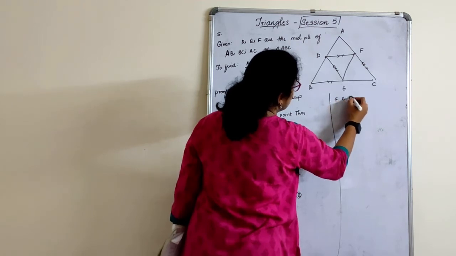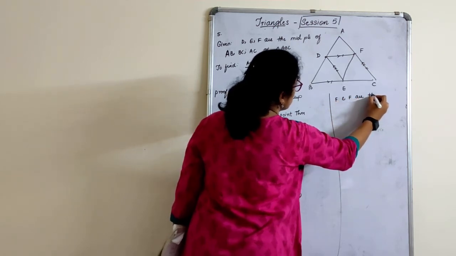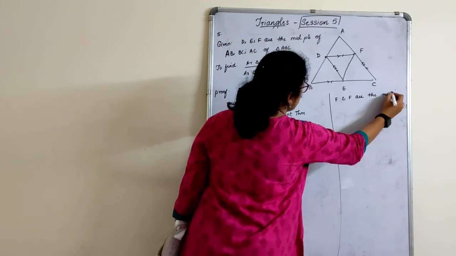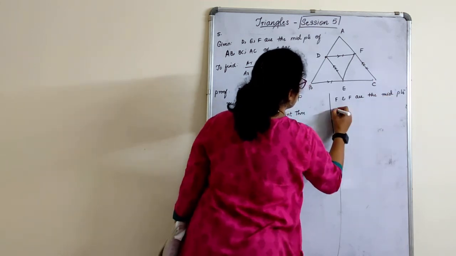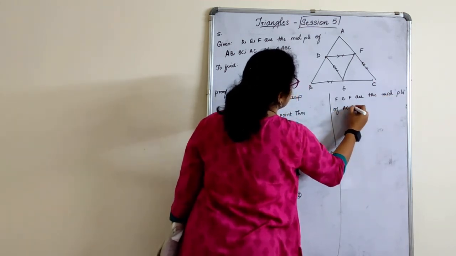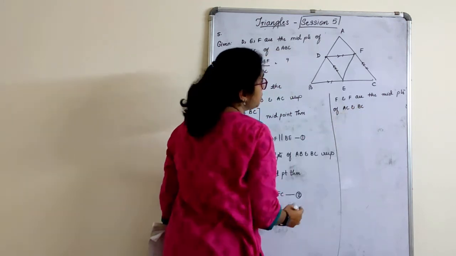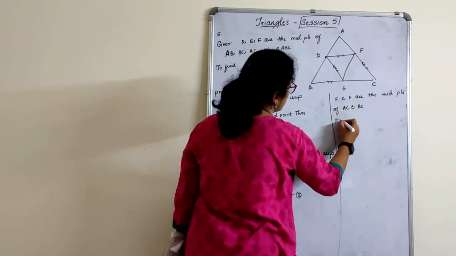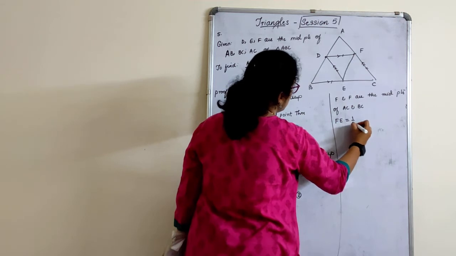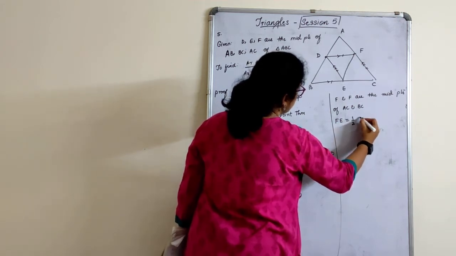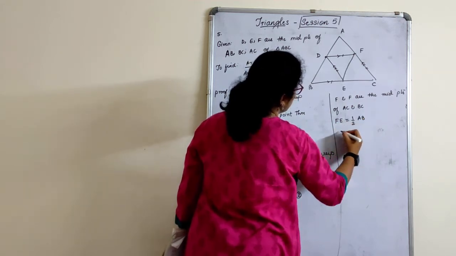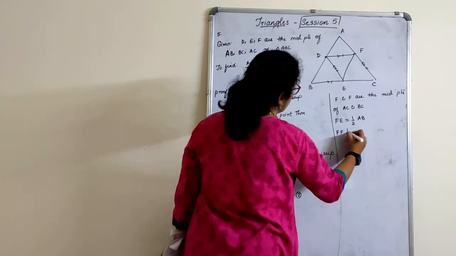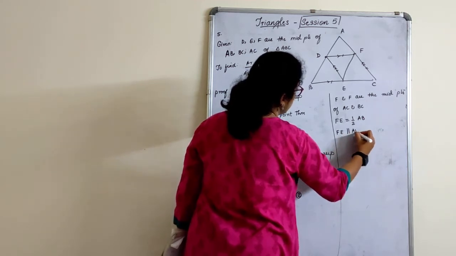F and E are the midpoints of AC and BC. Therefore, FE is equal to half AB and FE is parallel to AB.